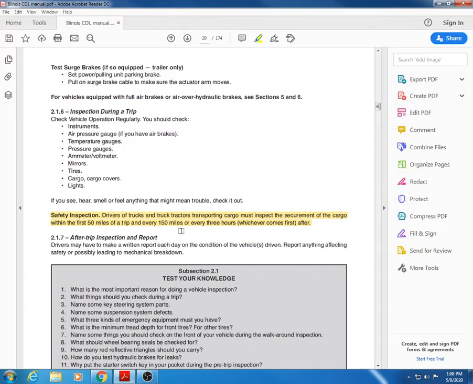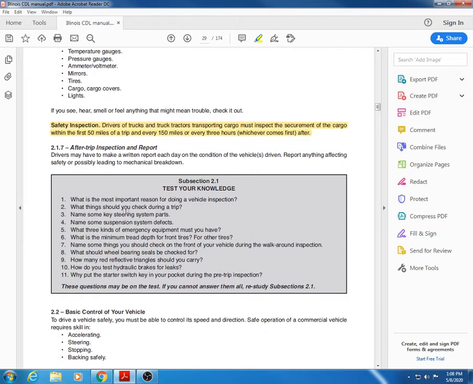All right, so this is your test your knowledge section. This is when you go through and answer these questions. If you cannot answer these questions, you need to find the part of the chapter or section that this question is in and go over it.